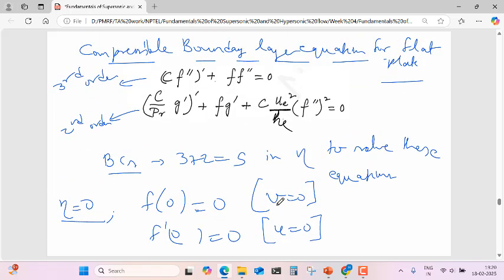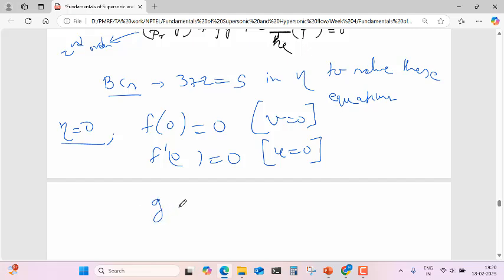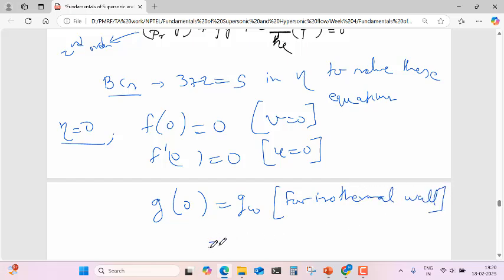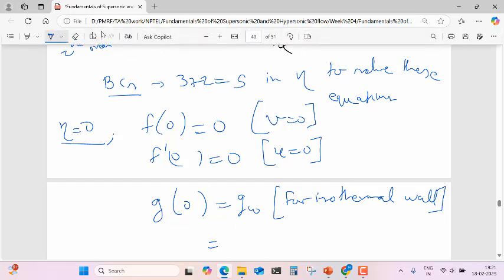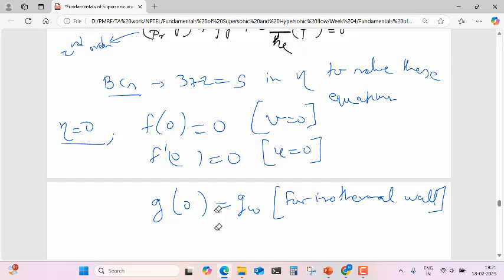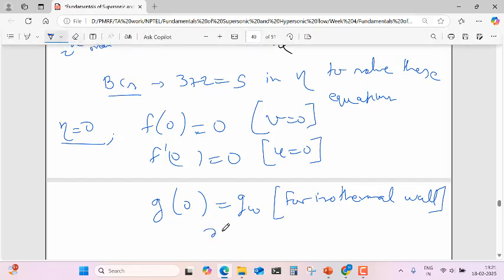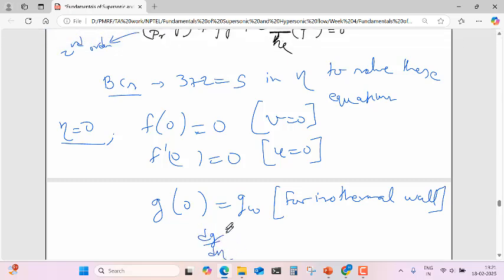One more condition will be for g: g(0) equal to g wall for the isothermal case, or we will get dg/d eta at the wall equal to 0, or g' wall equal to 0.